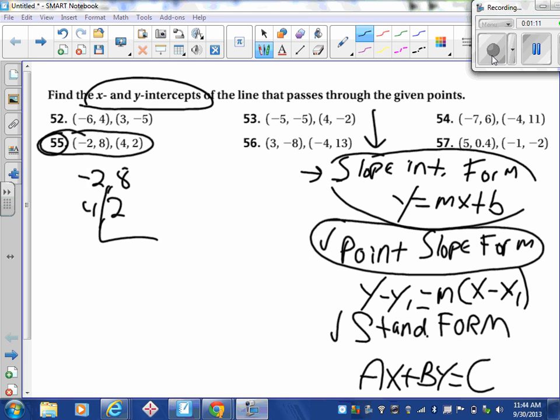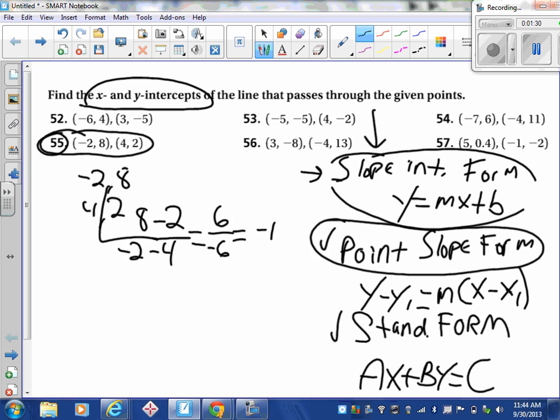Now, when we do our line in L, we're going to take 8 minus 2, and then -2 minus 4. 8 minus 2 is 6. -2 minus 4 is -6, which turns into -1.